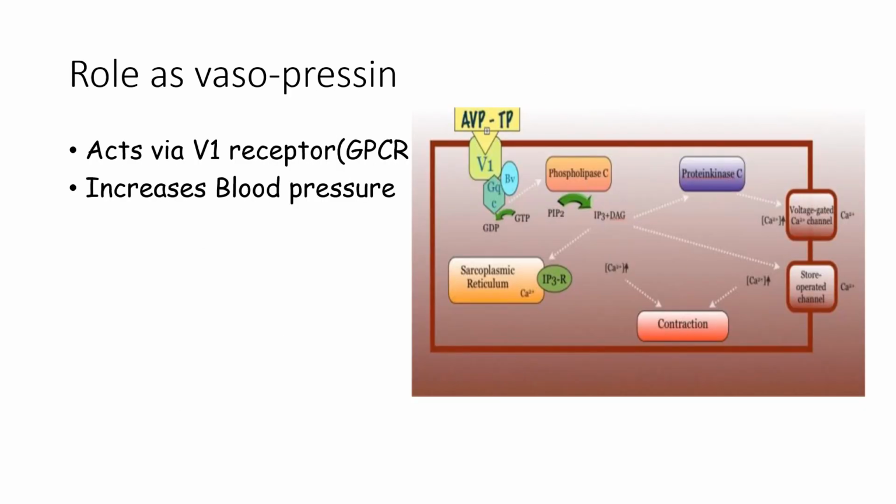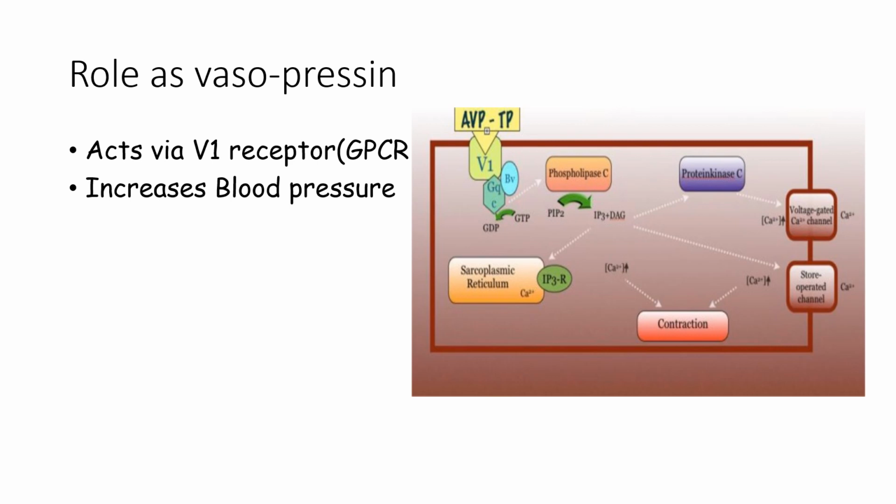Let's also talk about the other role of ADH, as we said, as vasopressin, the regulator of blood pressure by mediating contraction of the blood vessels. It is mediated through the V1 receptor. Whenever ADH is increased in amount and reaches supraphysiological doses, for example in cases of hemorrhage, what will happen? The V1 receptors will be activated by ADH, and this will result in the contraction of the blood vessels.